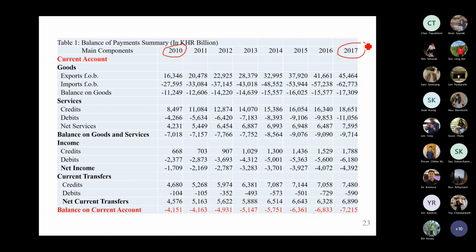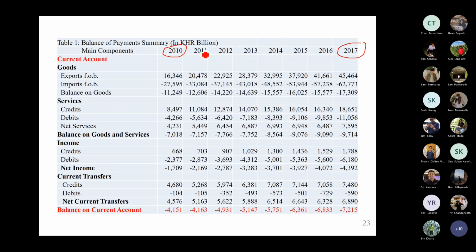Of course, NBC also has monthly information, from January, February, March, until the end of December in each year. You can have that kind of information, but here I like to aggregate them, sum them up into a single year. So let's see our payments.